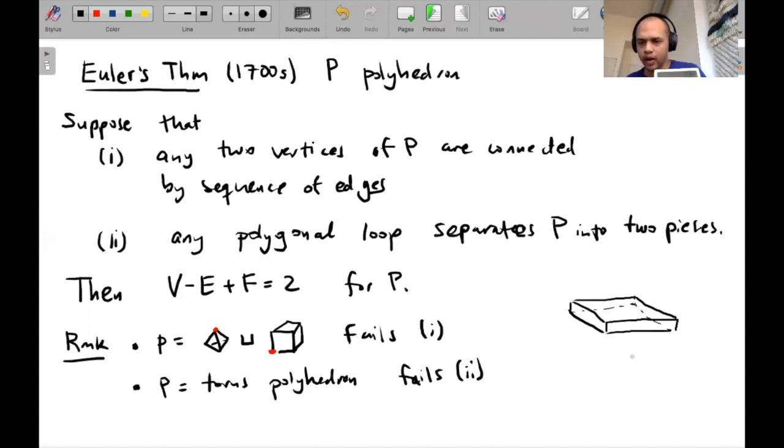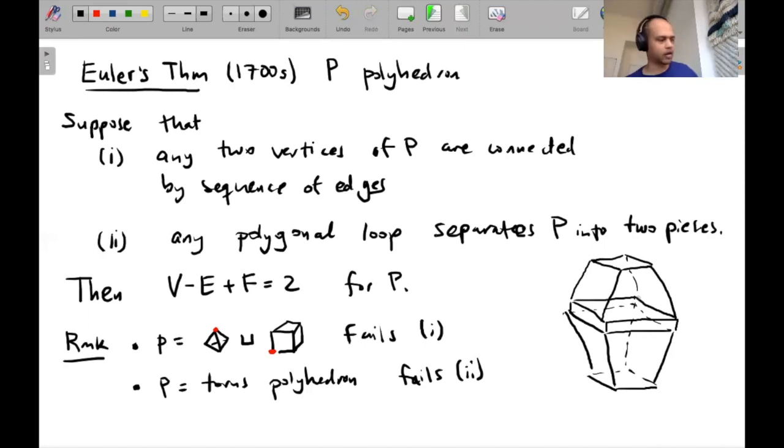And then there's a square down here that connects to it. And then there's an inside part of the polyhedron, which I'm going to draw not inside. When counting V minus E plus F, it doesn't matter whether I draw it going inside or coming up.